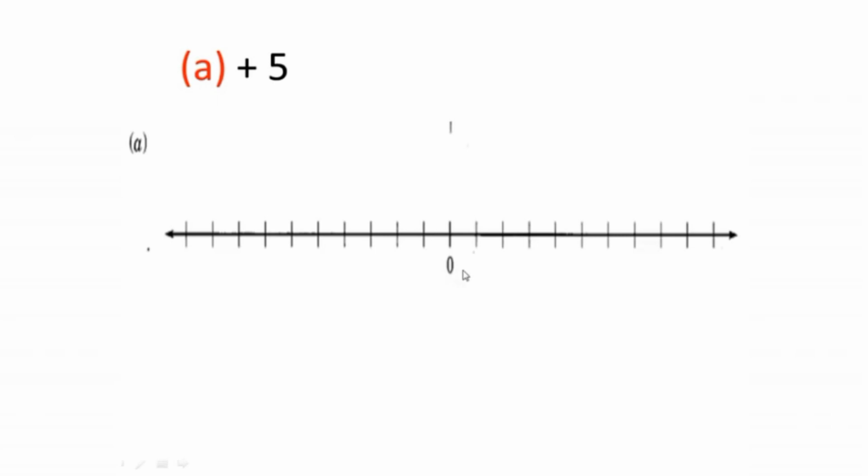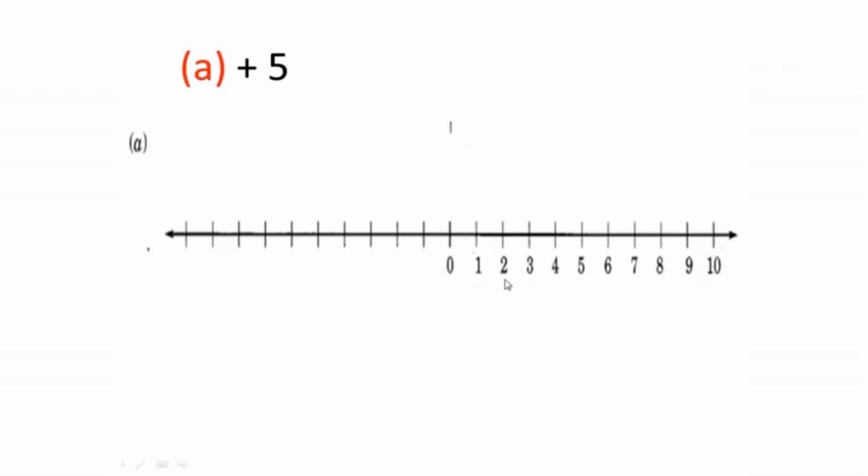Already you have studied that the right hand side will be positive numbers and the left hand side will be negative numbers. On the right hand side, positive numbers go up to infinity, and on the left hand side, negative numbers go up to infinity. Here I am taking the numbers up to 10 on the right hand side. 0 is the midpoint.